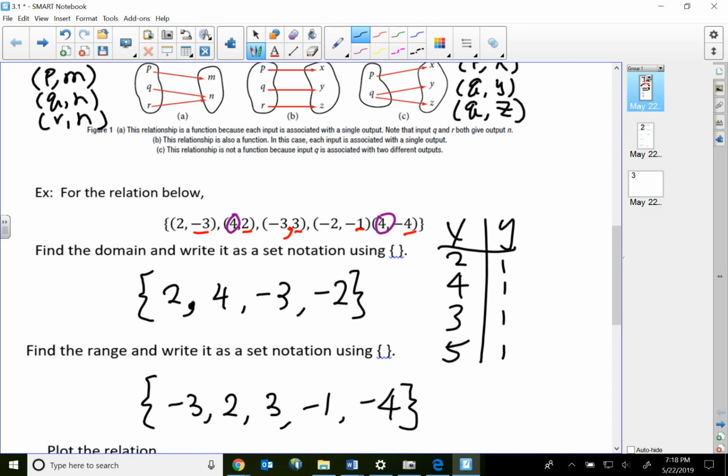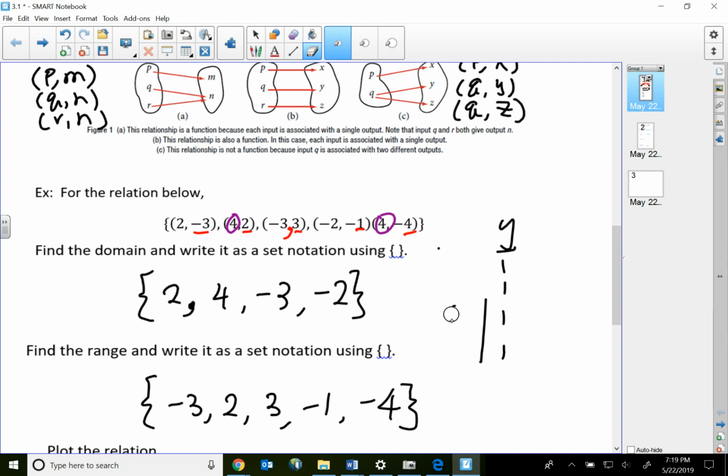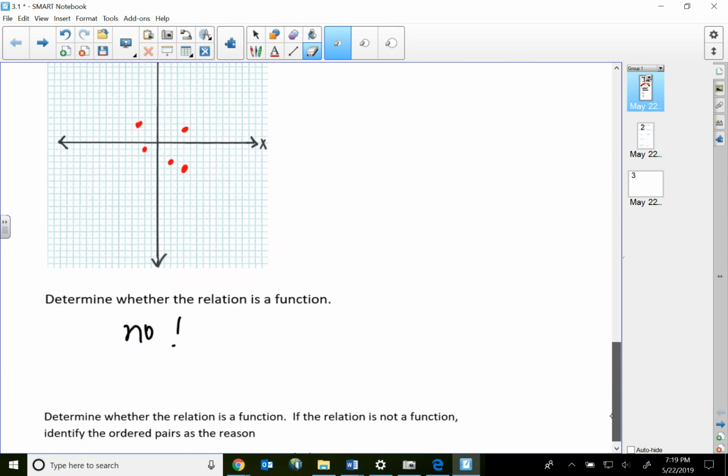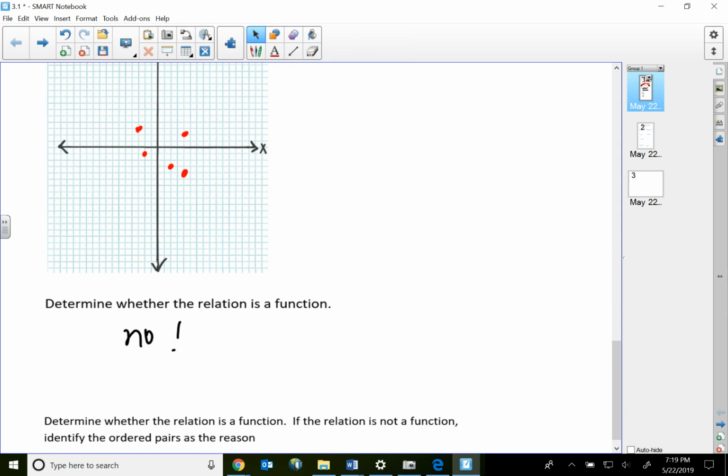Yes, you can, because this is different butts all riding the same horse. We're sharing the same horse, kind of like the pony that we ride at the zoo. A lot of kids sit on it. And that is actually a function. Just cannot have the same x value. So this relation is not a function.